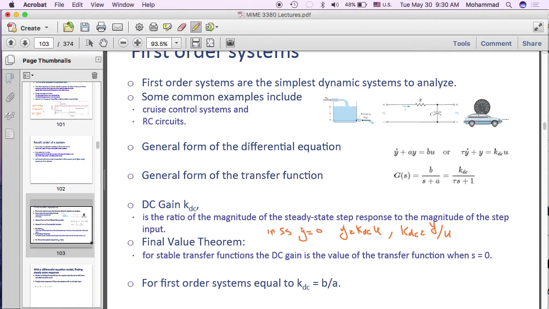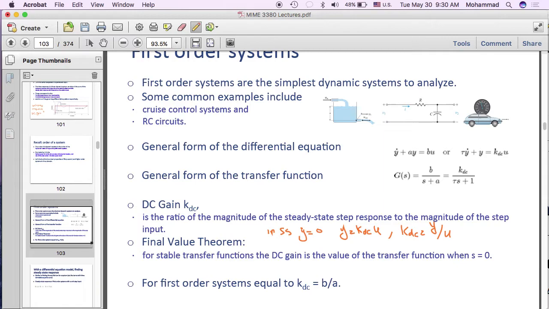Final value theorem basically says, if you want to find the DC gain, set s equal to 0 in your transfer function. If you set s equal to 0 in that transfer function, Ts disappears, so what is left is the constant in the numerator.